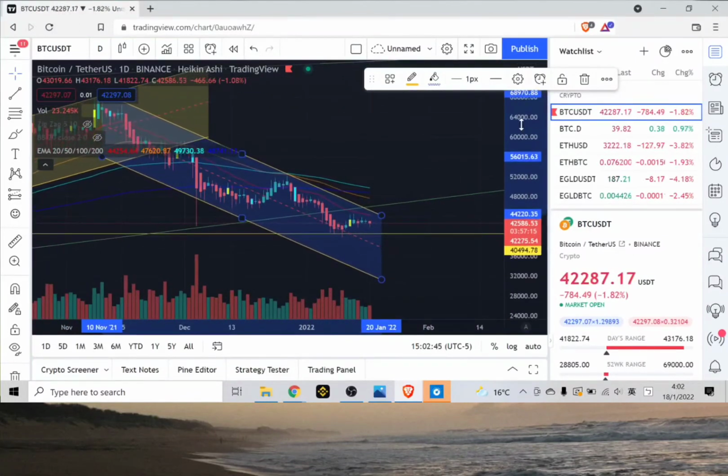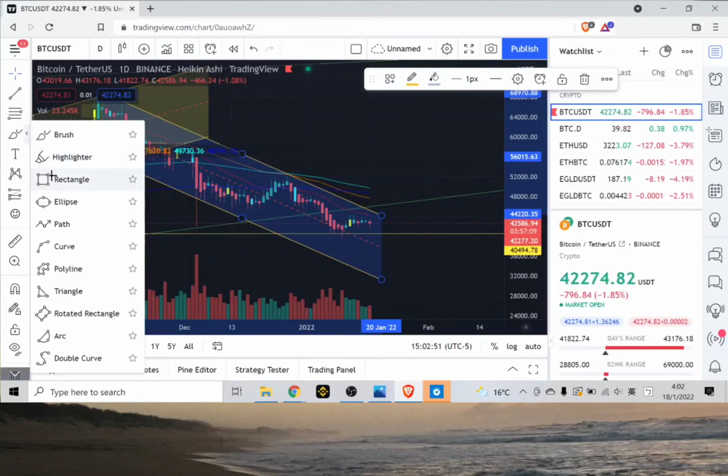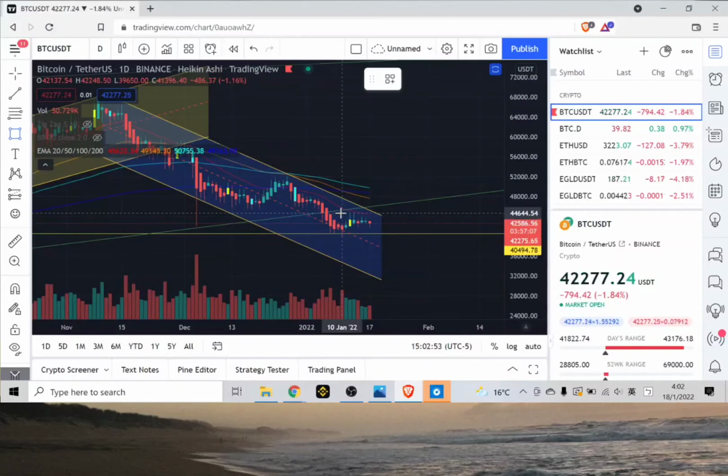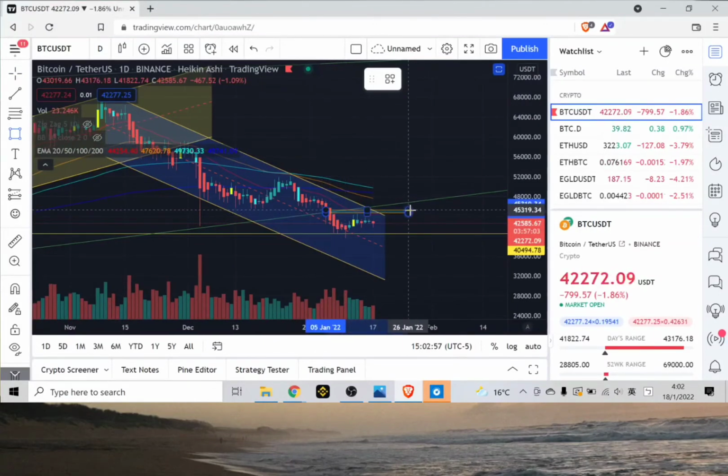As you can see, let me zoom in and then apply some kit. Rectangle, there it is. From here to here, we are range bounding.